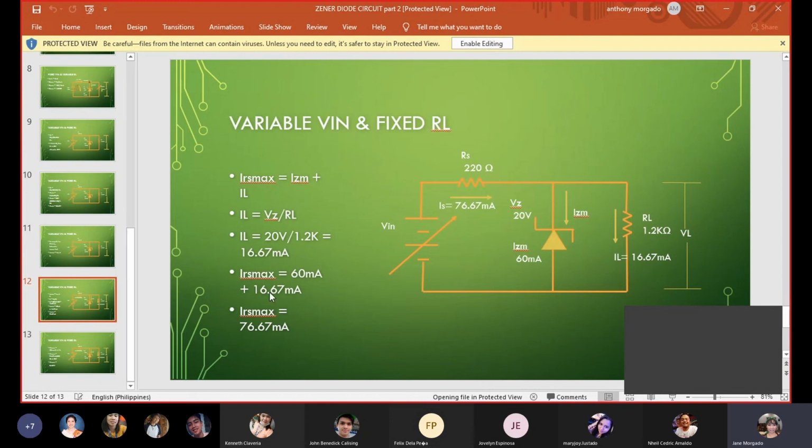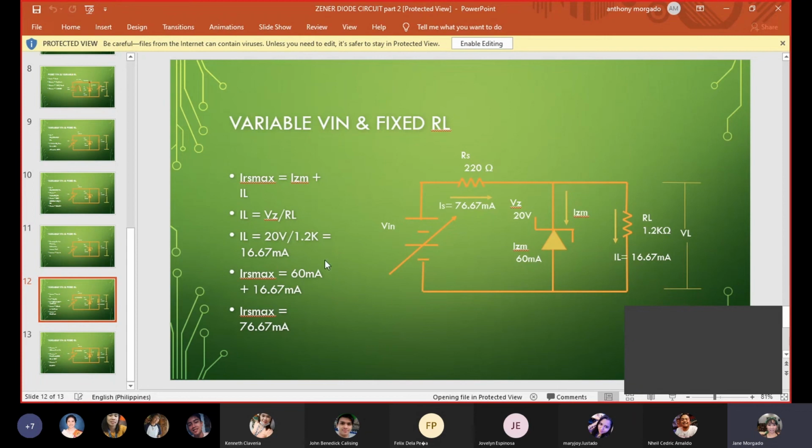Clear? Paano naging 76 to? So, magkakaroon tayo dito ng junction. Tama ba? Yan, junction. So, we'll have a junction here such that summation of current is equal to 0. So, we have IS minus IC minus IL is equal to 0. Okay, and therefore, IS equal to IC plus IL.